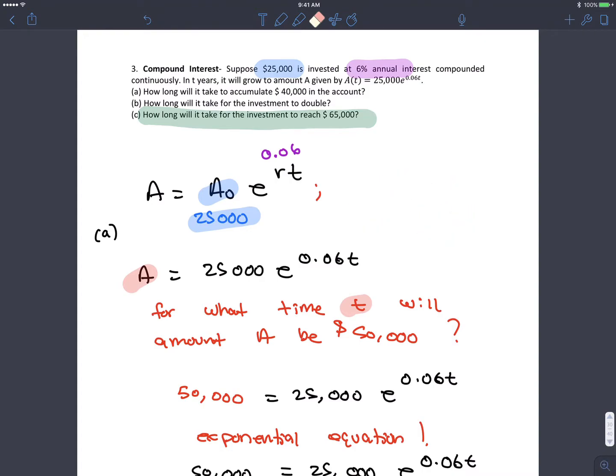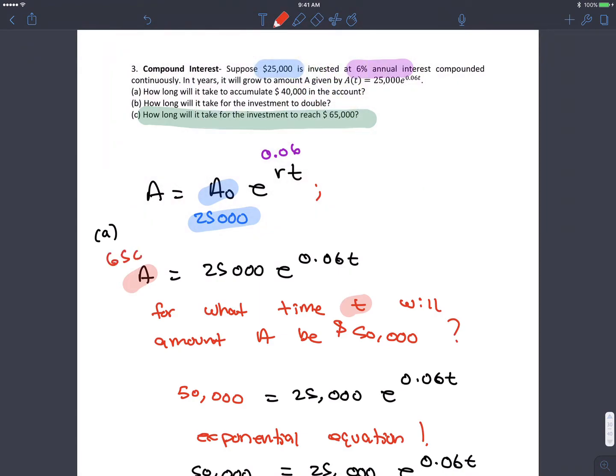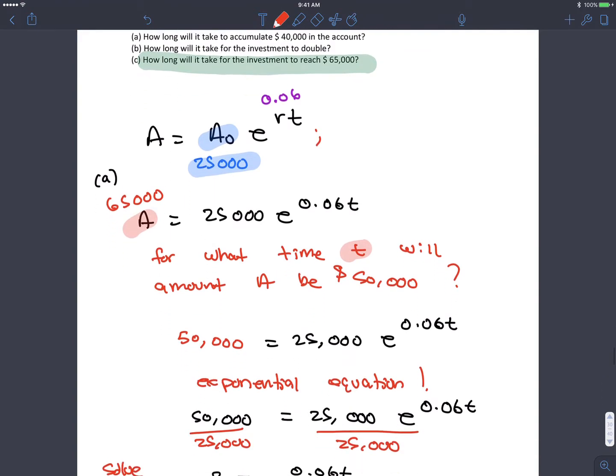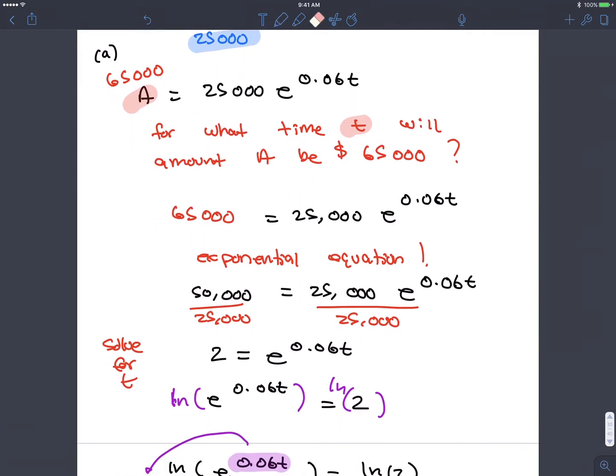Our A value will become now 65,000. Let's change these. That's 65,000.